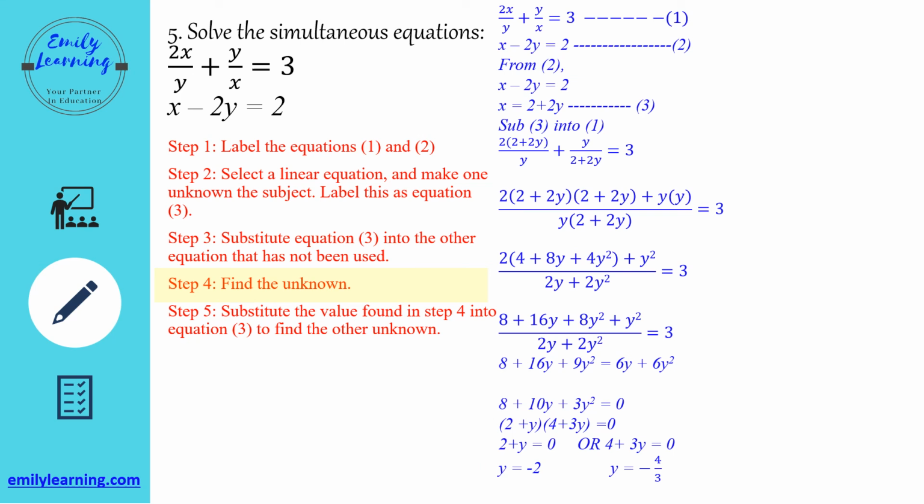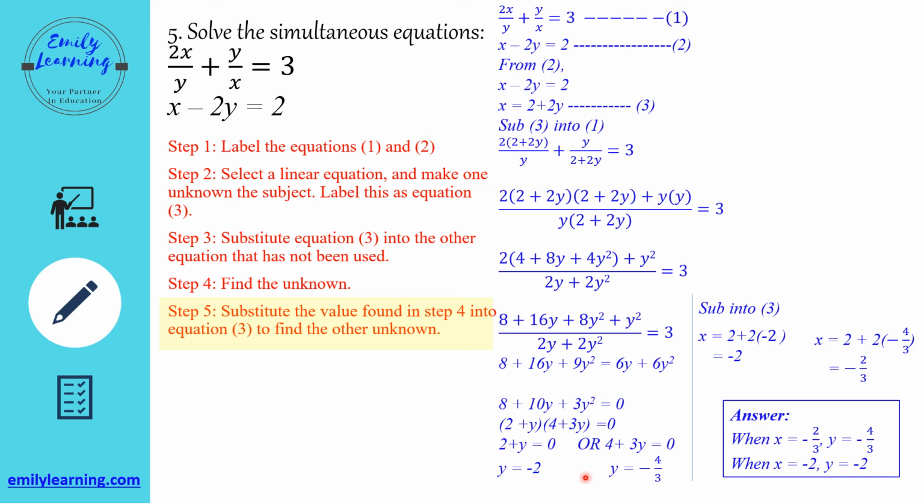Once you have solved for y, substitute the values of y into equation 3 to find x. After that, you will find the values of x and y. Similarly, because we are dealing with non-linear equations, and the highest power in terms of y here is a square, that is why you have two values of x and y.